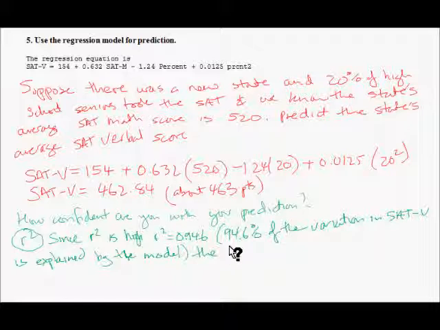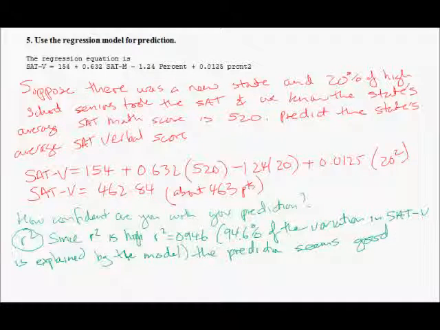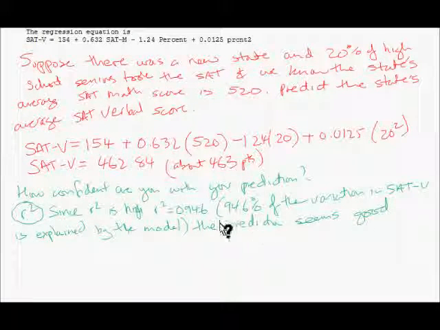The prediction seems good. So that's one check. R squared says, yeah, we've got a high R squared, probably this is a good prediction. But there's one more thing we need to check here, which he mentioned early on in regression.